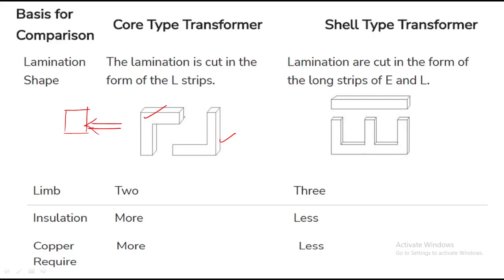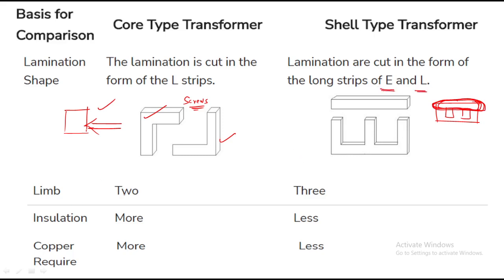By using screws, you can tightly rivet it to get this square type core type transformer. So coming to shell type transformer, this is in the form of rectangular, right? So this upper part is easily removable by removing screws. The laminations are cut in the form of long strips of E and L.